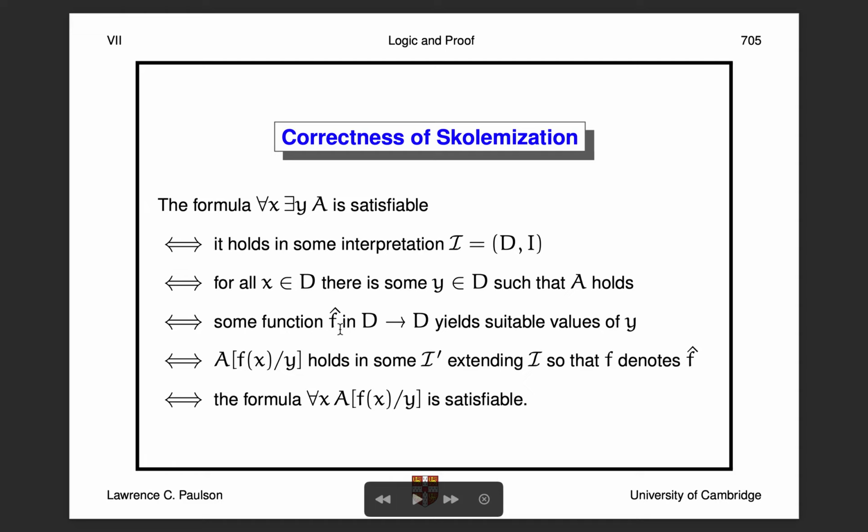So this f hat is exactly the function that maps the x's in D to the y's in D.